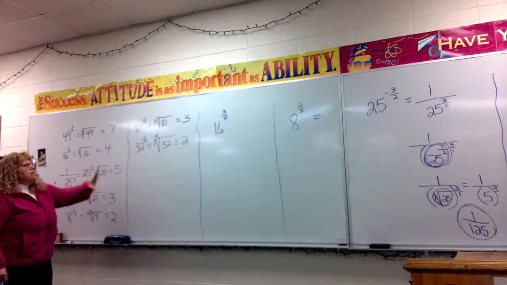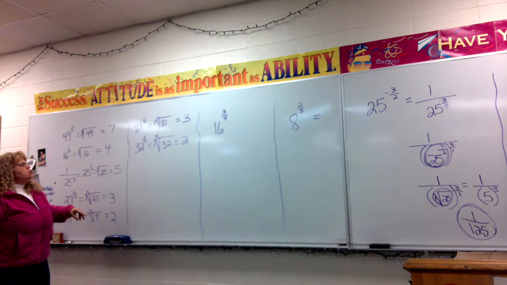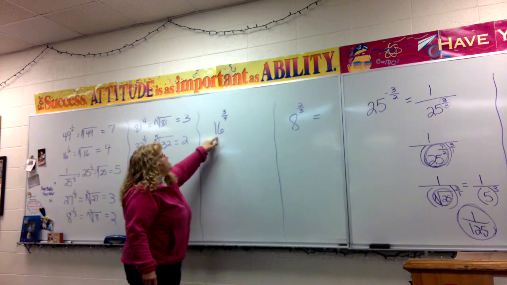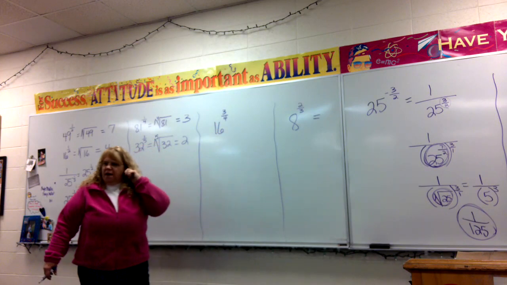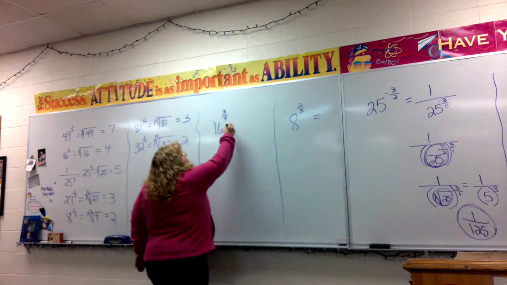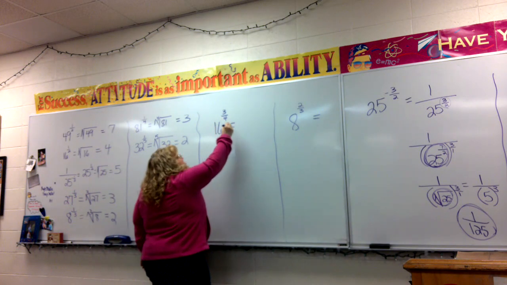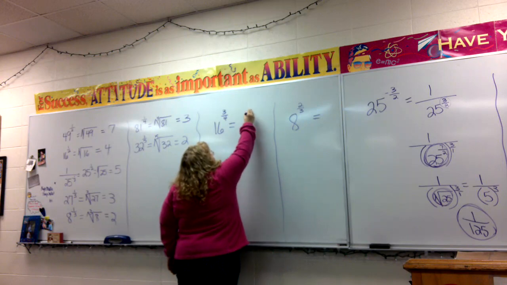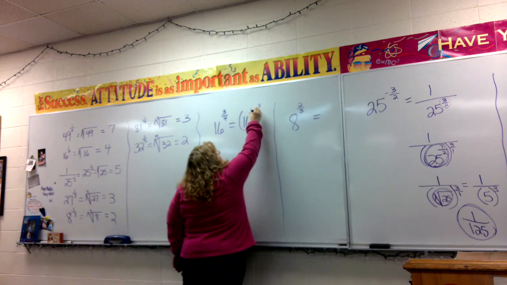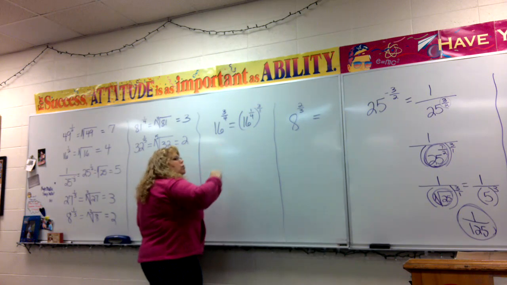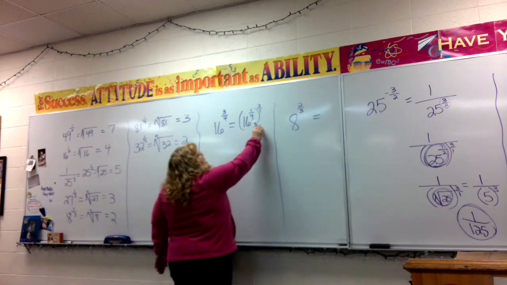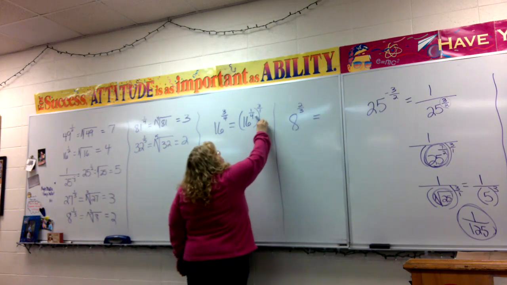That is the part that they assume you know. So we're going to use this to find now what is 16 to the 3/4 power. Well, we're going to break down this exponent. There's my denominator, and there's the numerator. Remember, earlier in the year, we did a power to a power. What do you do to those?